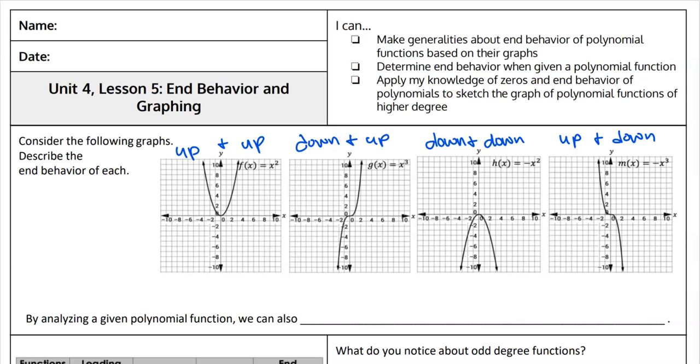We can figure this out by looking at a graph. We can also analyze a polynomial function. By analyzing a given polynomial function, we can also describe the end behavior of its graph without graphing.